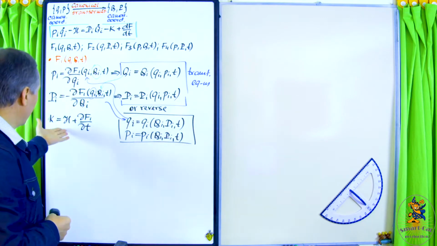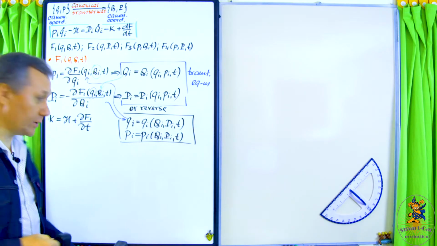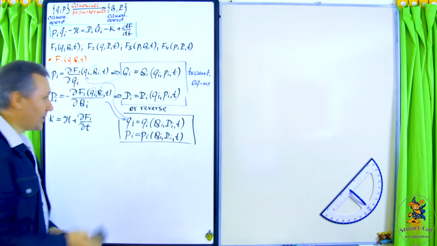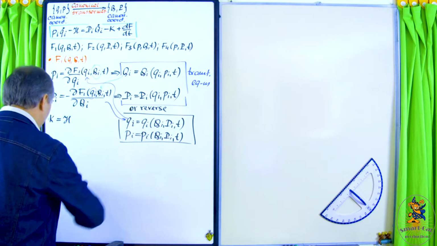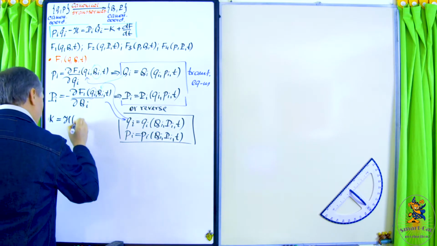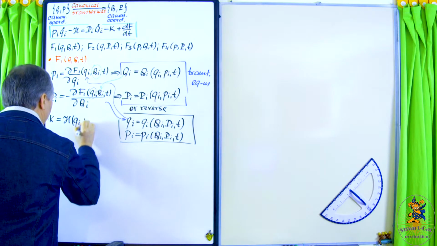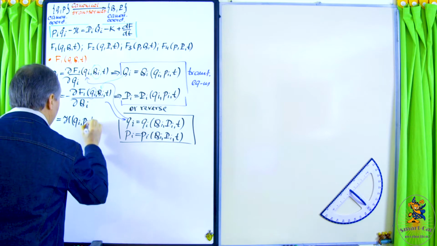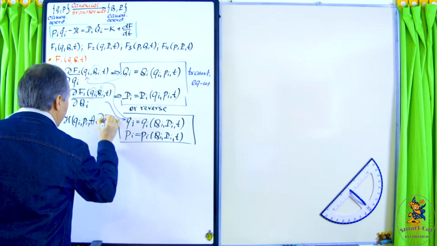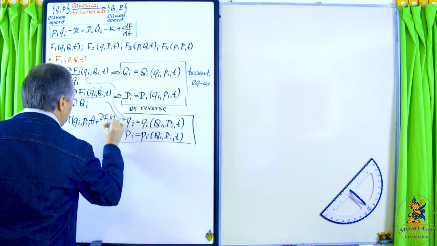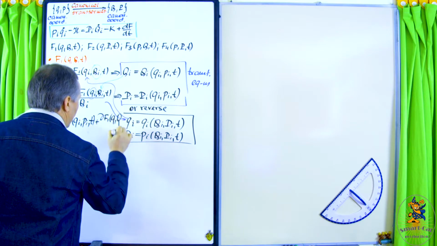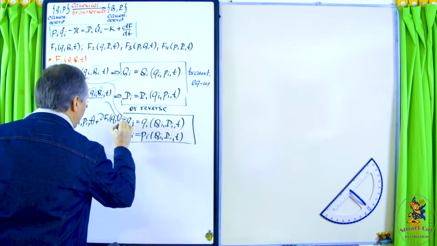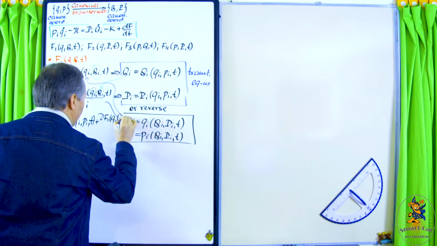And so now, what about the Hamiltonian? Okay, let me rewrite it. I just want to show explicitly the dependencies. So H, of course, is originally a function of q, p, and time, plus the partial derivative of F1, which is a function of q small, Q capital, and time, with respect to time.